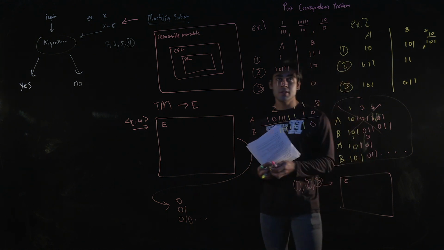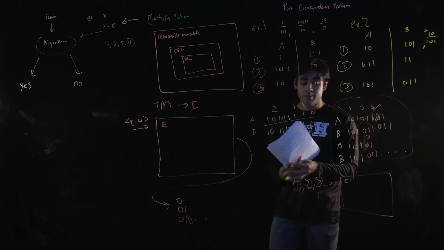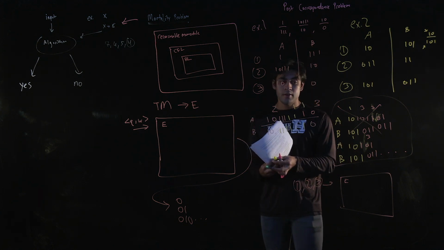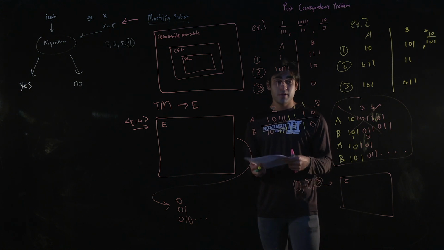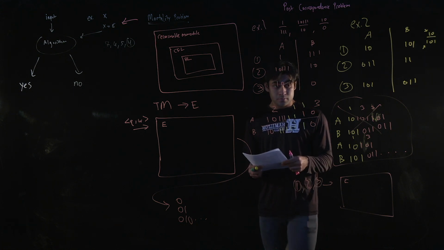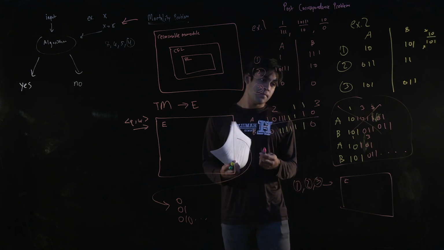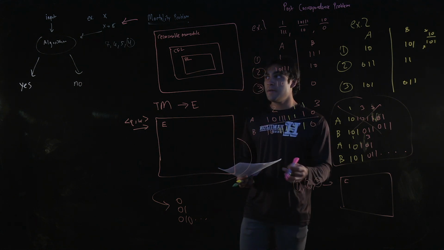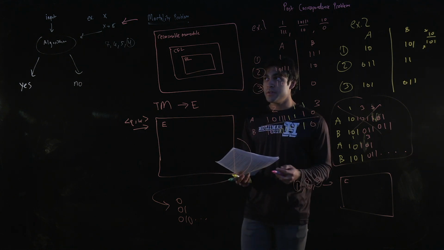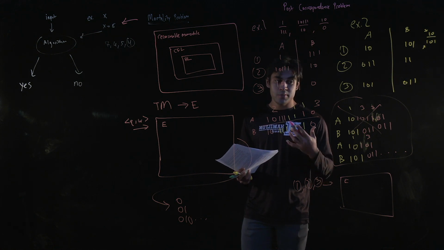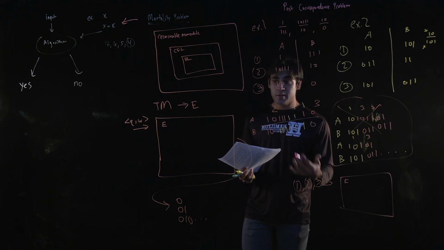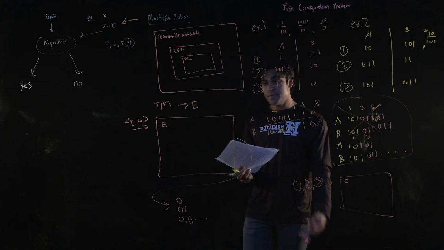So therefore we can say this problem is not decidable, and it is not decidable because it is not recursively enumerable, which ties back into what was said before when determining if a problem is decidable or not. We use enumerators and recursively enumerable languages to determine whether or not a problem is decidable.